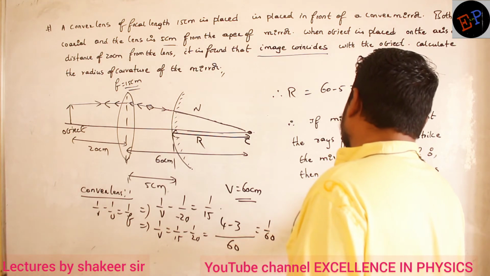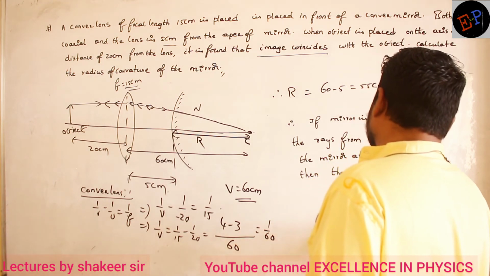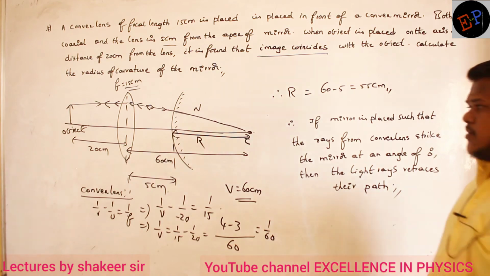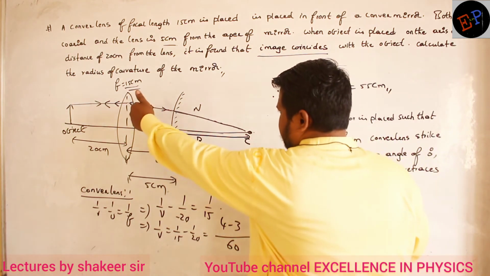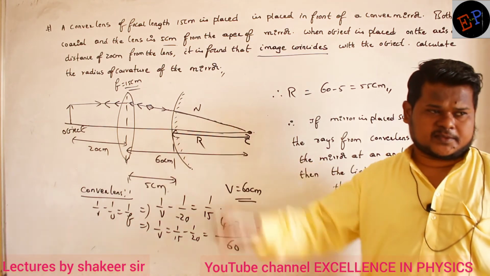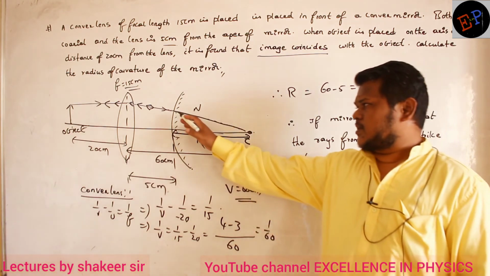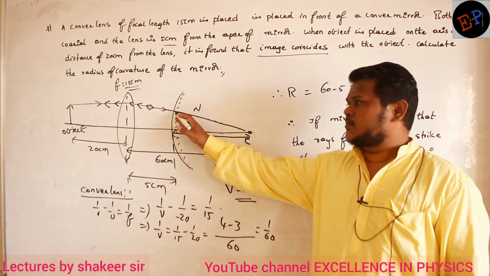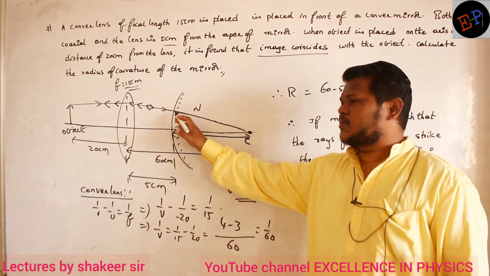Are you able to understand? So striking the mirror at 0 degrees means this ray is nothing but the normal.